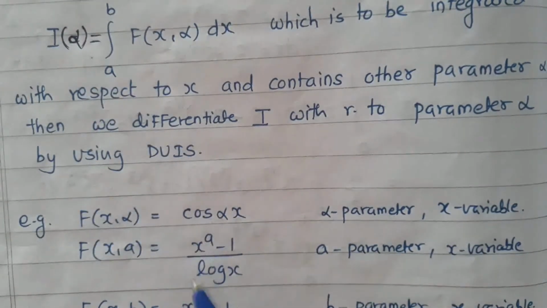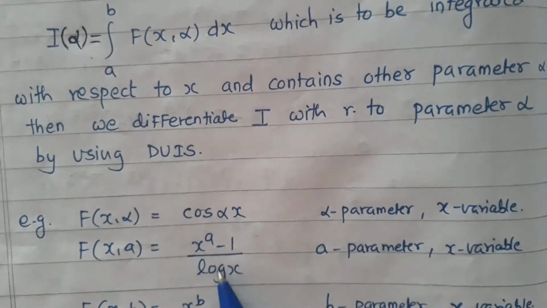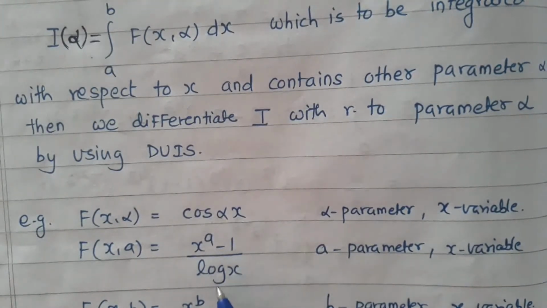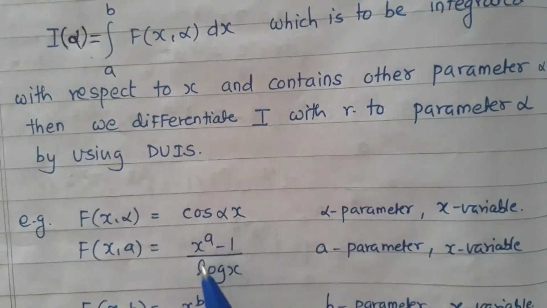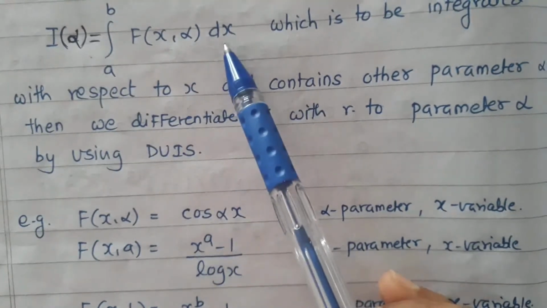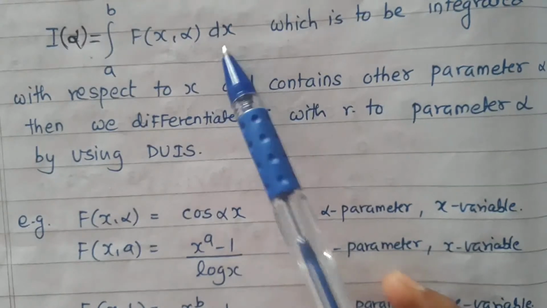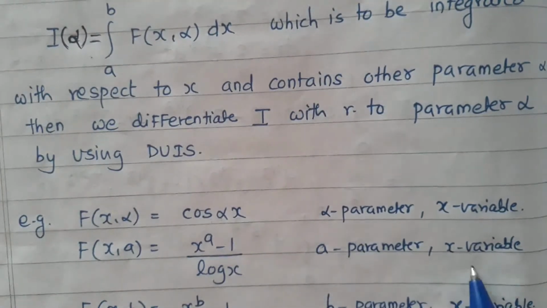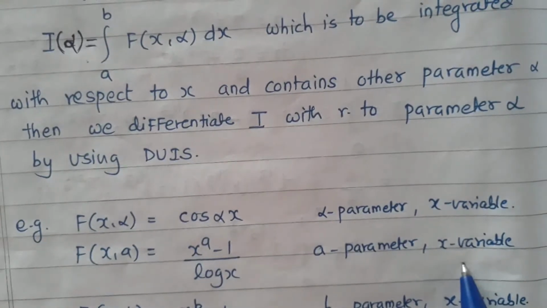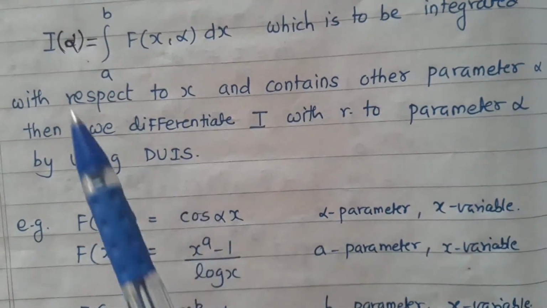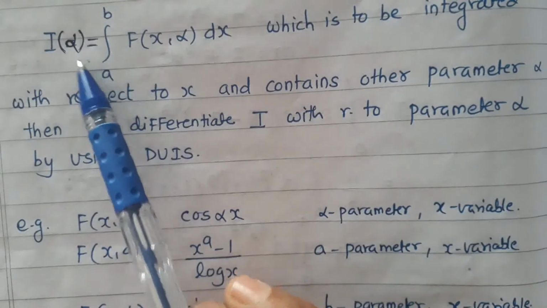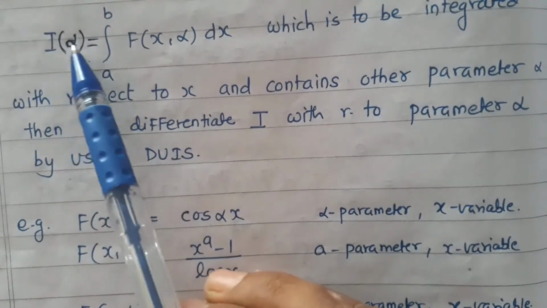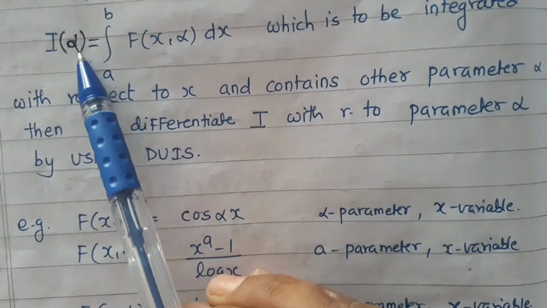For example, if you have a different function like f of x, a is equal to x raised to a minus 1 upon log x, and it is to be integrated with respect to x, then a is called the parameter and x is called the variable, and we have to put the notation for the integral in terms of the parameter. So if the parameter is a, put the notation for this integral as I of a.